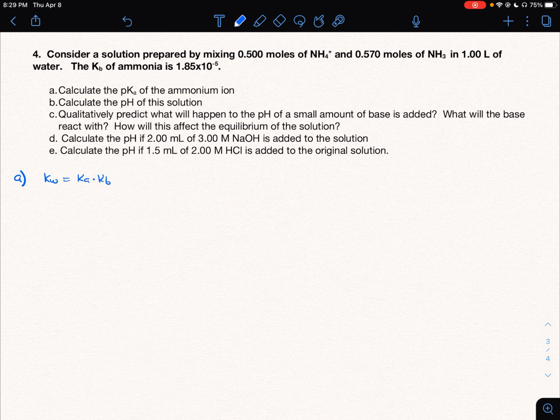We're told the Kb and Kw is a constant, so we can see that Ka is going to be equal to our Kw over Kb, and Kw is 1.0 times 10 to the negative 14th. Kb is given as 1.85 times 10 to the negative fifth. So we can first solve for the Ka.